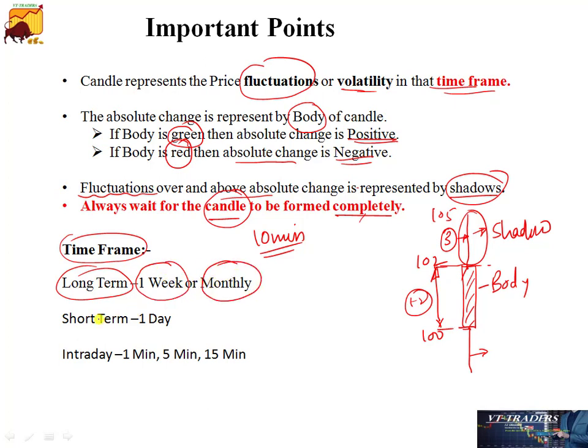Okay, for short term, the 1 day chart or 1 day time frame will be taken. For intraday trading, basically 1 minute, 5 minute or 15 minute candles will be used. Okay, so this is the basic of Japanese candlesticks. I hope all of you understand properly.